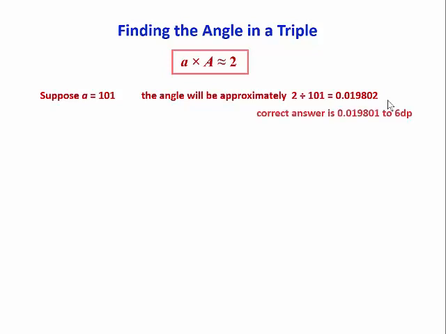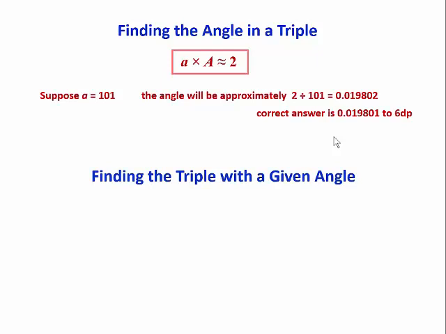And the correct answer only differs by 1 in the 6th decimal place. So we can use this little formula to find an angle given the first side. Conversely, we can find the triple given the angle if it's a small angle. So suppose the angle is 0.06 radians, which is small. Then we can find a from here, which is 2 divided by capital A.